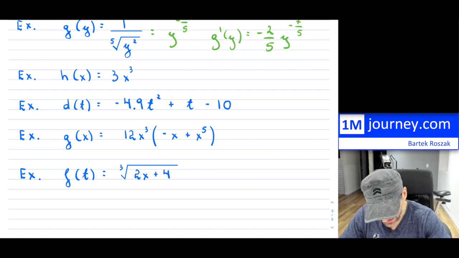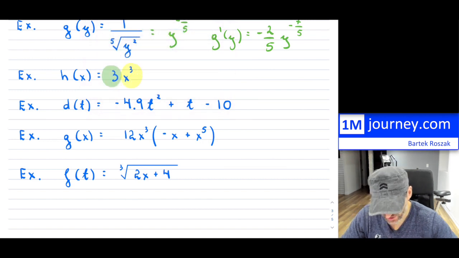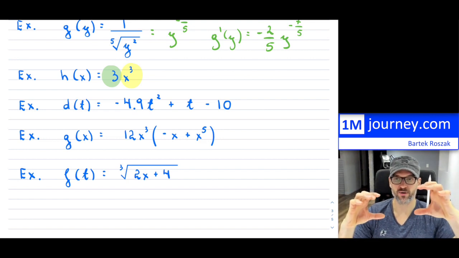Now, the next set of examples. What I want you to see is that this one seems very simple, right? But it is the application of having a constant multiplying a function. In this case, the function is just x cubed. So it's a constant multiplying a power function.